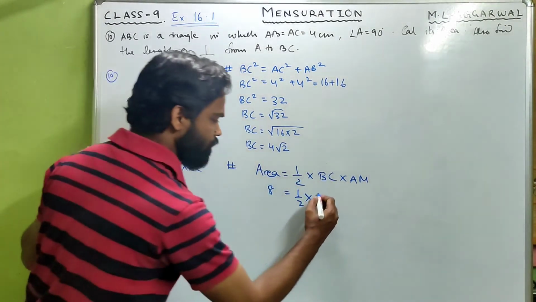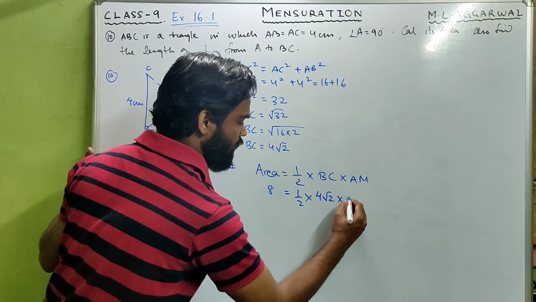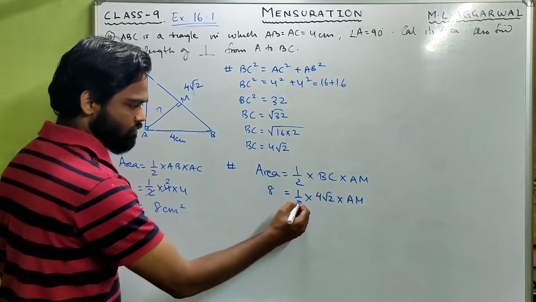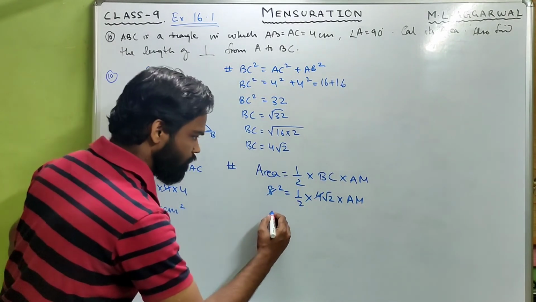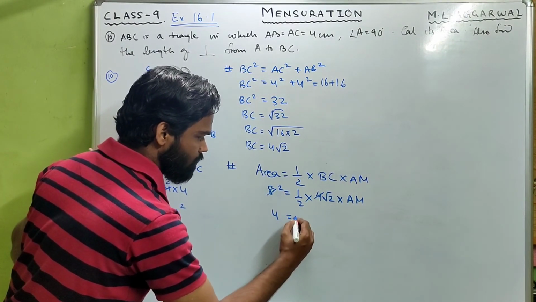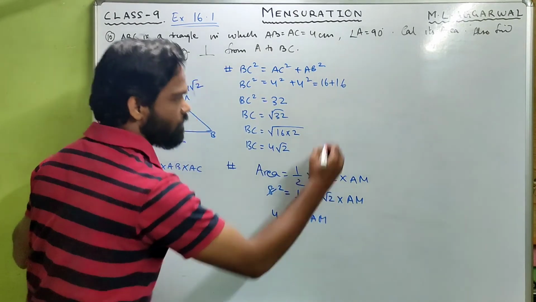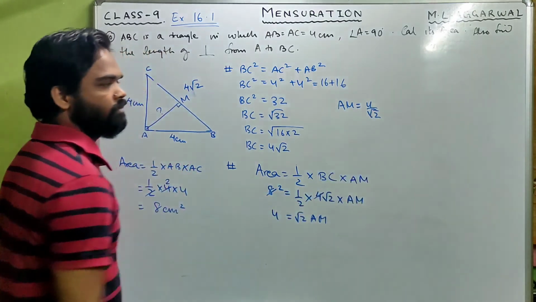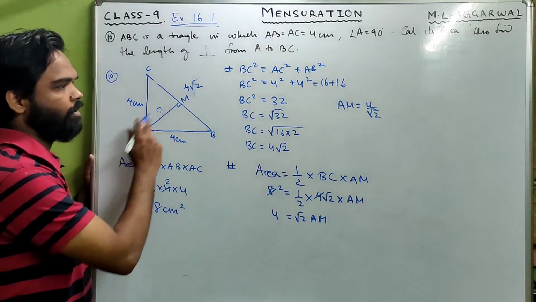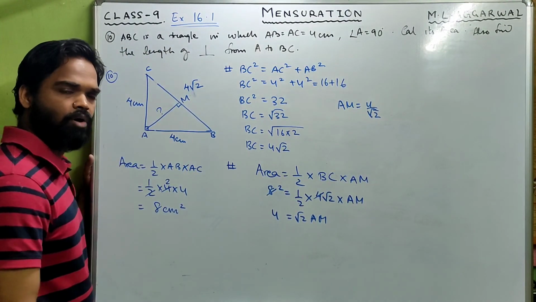BC is 4 root 2. AM we don't know, so that's for one time, for 2 times, this is 4, this goes over there, root 2 AM, so that's AM will be 4 by root 2. That's your length of the perpendicular, okay, or the altitude on BC.